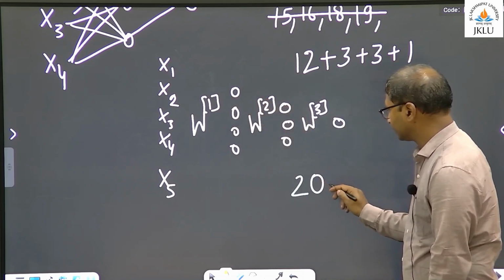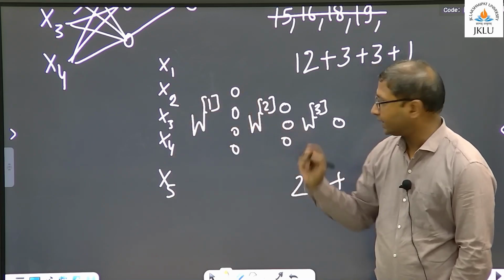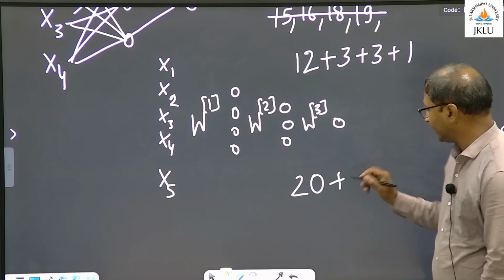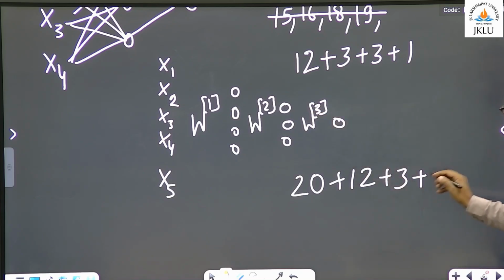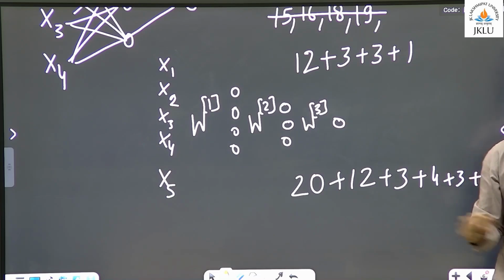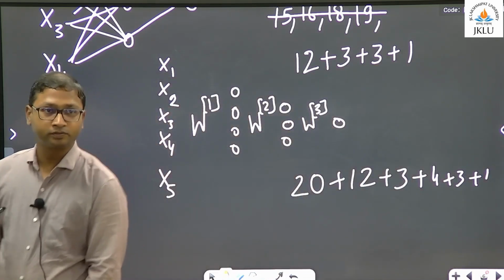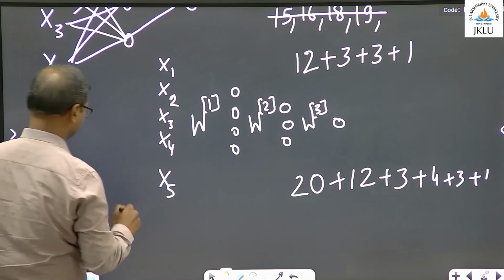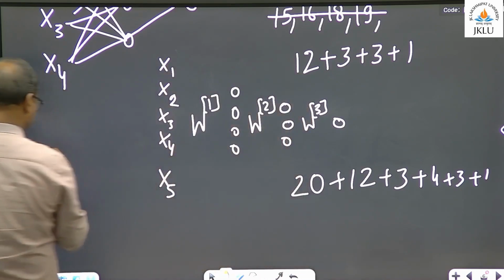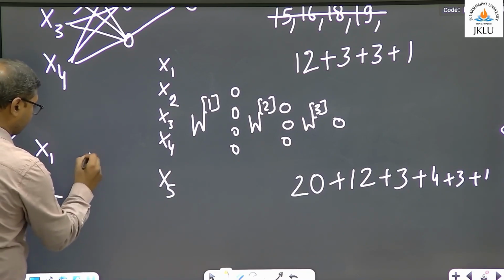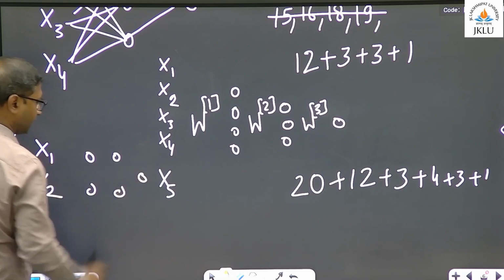How many parameters will be here? 20, because everybody here is connected to everybody here. W2 is 4 into 3, plus 3, plus how many biases? 4 plus 3 plus 1. One more, this one.